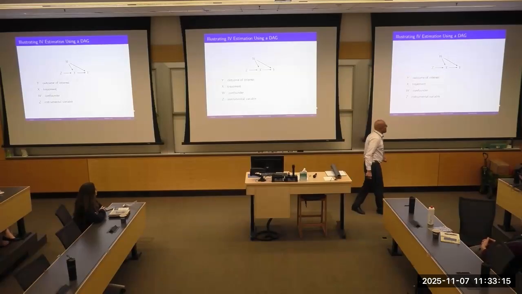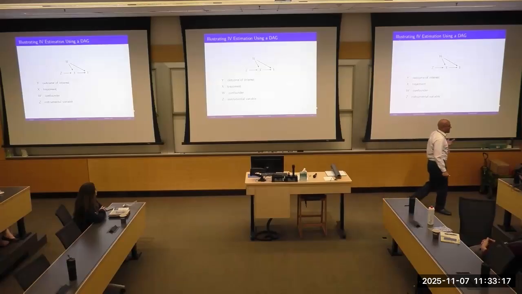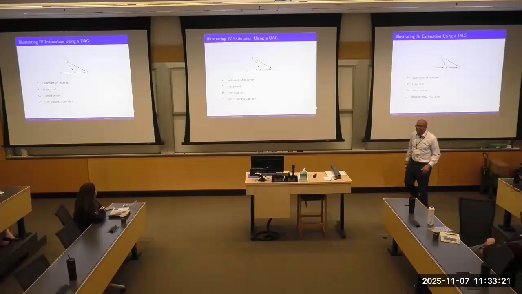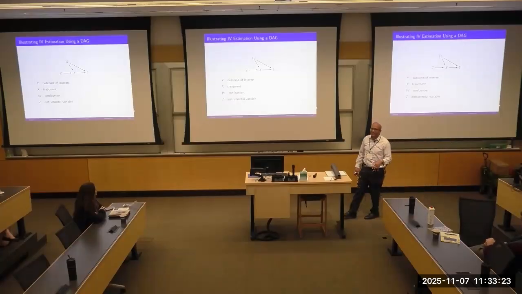So what do we do to try to deal with this problem? Well, I'm preaching to the converted here, but just to build up to where they like to go, I need some instrumental variable. They use Z, the traditional instrumental variable in this notation.